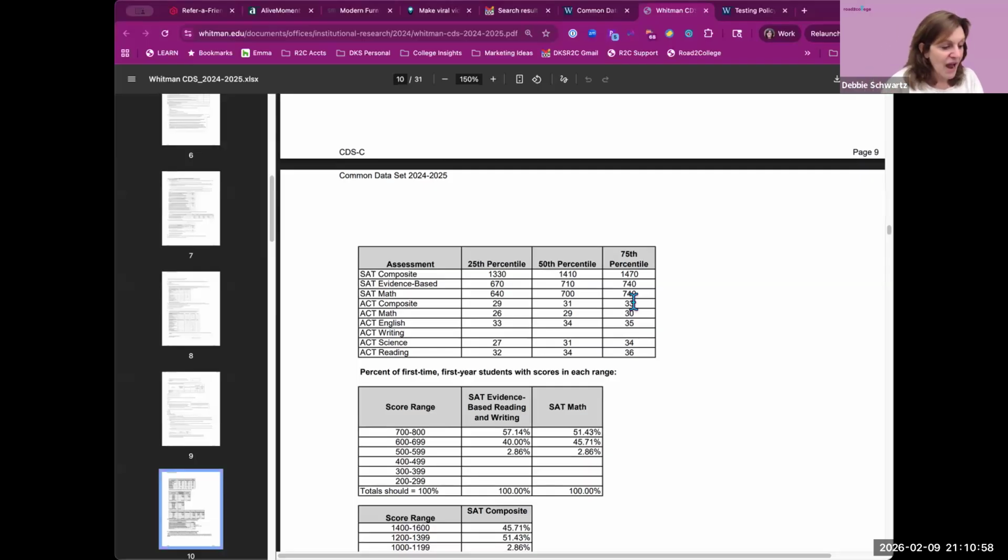Because if they can attract more high scoring students or high performing students or students with higher GPAs, then over time, or maybe even in a short period of time, they can start to increase their rankings. Even though a lot of people will say, oh, we're not looking at rankings these days, and you shouldn't necessarily look at them or rely on them, it's still a factor for colleges.